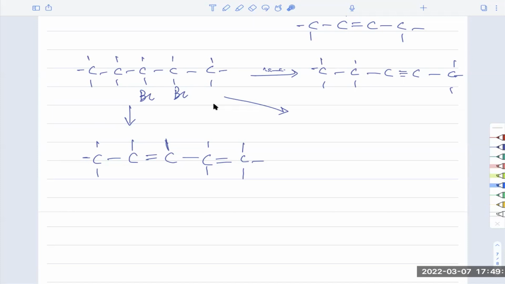And because of that, they can do different reactions. Obviously, the most important one is that that bromine or chlorine or whatever the halogen is can be displaced or substituted with other nucleophiles.